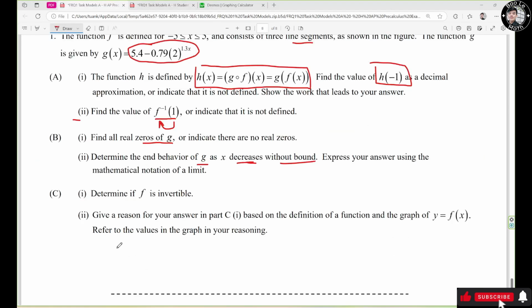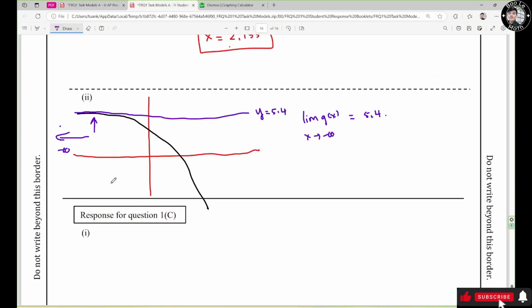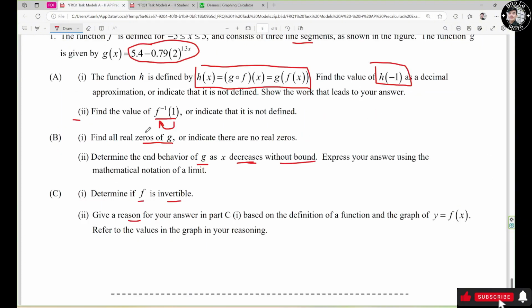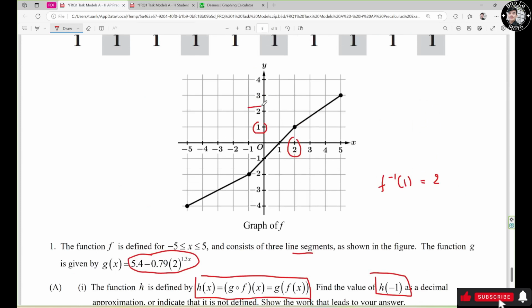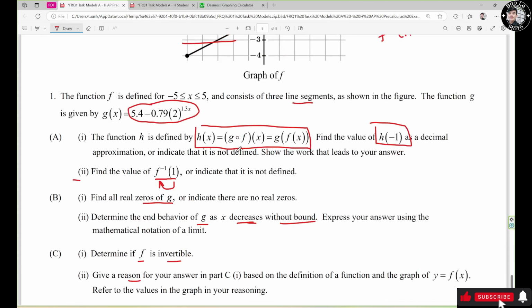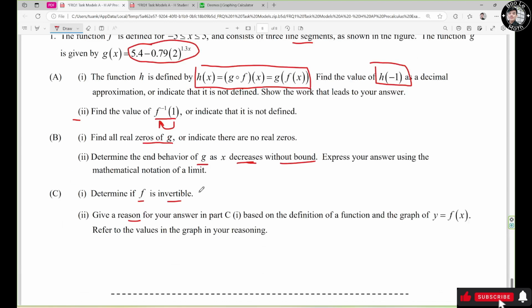Now let's move on to C to I. Determine if the function f is invertible and give a reason. So we look at this one right here. We use the horizontal line test to check. Every single time you draw a horizontal line, you see only one intersection. So you need to say the function f is invertible.